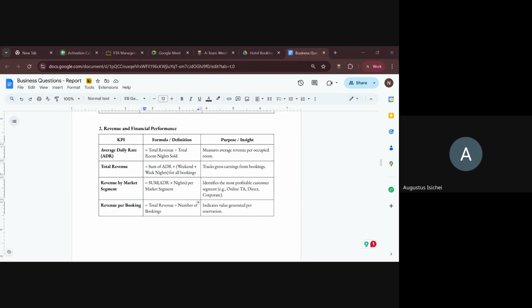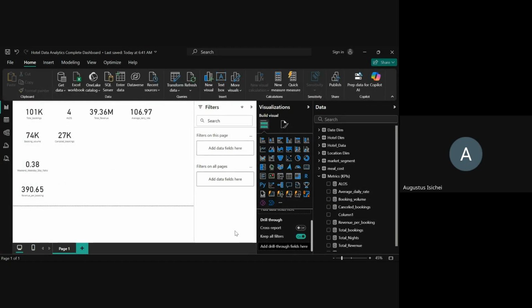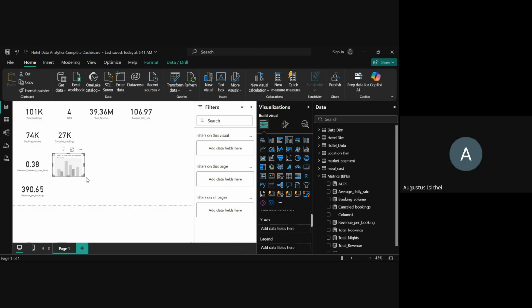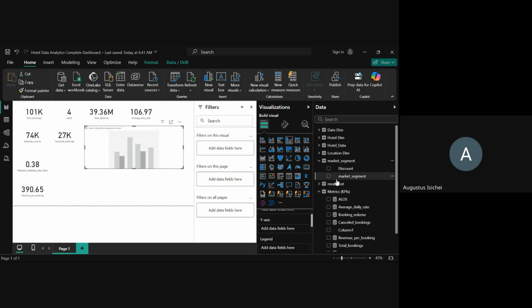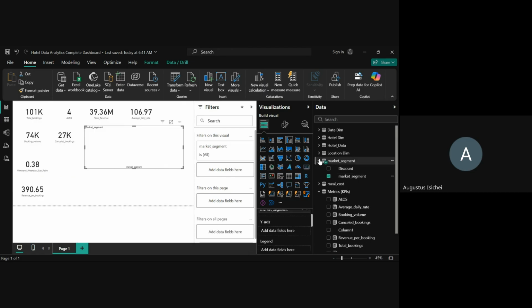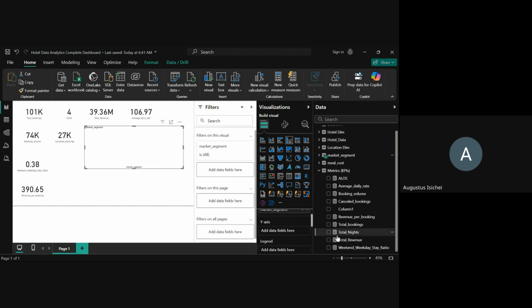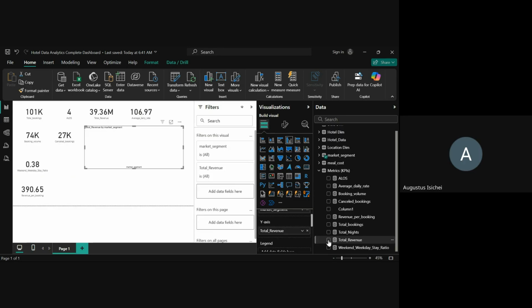Let me show you revenue per market segment on a chart using a bar chart. So we're going to add a bar chart, and with this chart, I will come to the market segment dimension, visualize market segment, then look at total revenue. So you can see the total revenue by market segment.